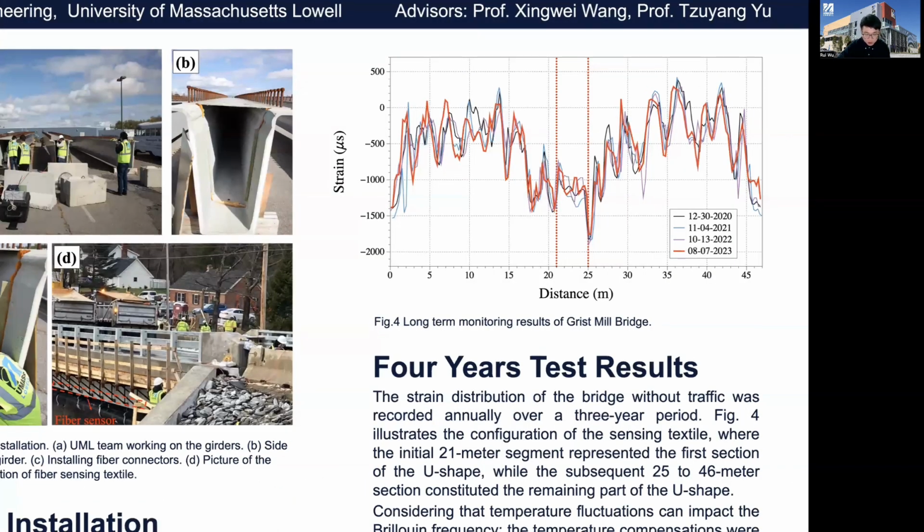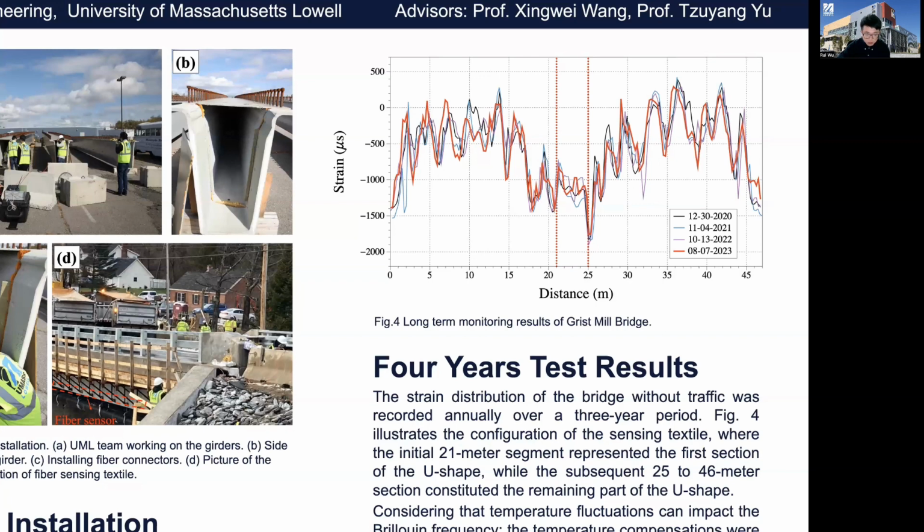Over 4 years, we recorded the strain distribution of the bridge without traffic annually. Figure 4 illustrates the configuration of sensing textile, where the initial 21-meter segment represents the first section of the U-shape. In contrast, the subsequent 25 to 46-meter section constitutes the remaining part of the U-shape.